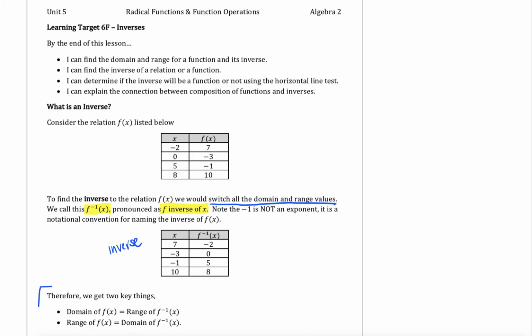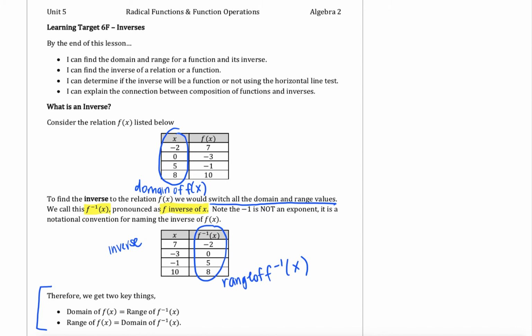Two key takeaways here are technically implied in the definition, but I want to make sure they're very clear and stand out. The first is that the domain of f, all of these x values in our original relation, becomes the range of f inverse of x when we switch and create the inverse.